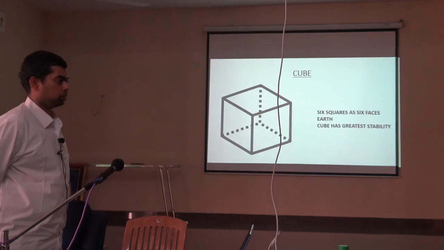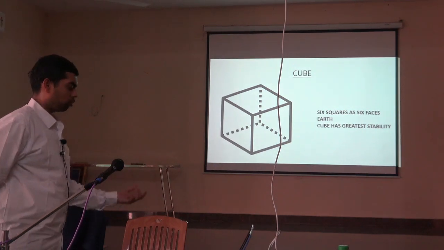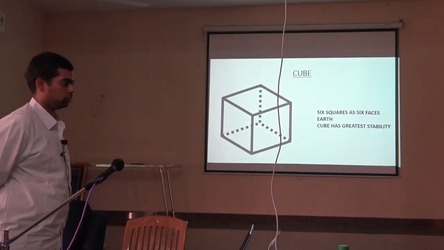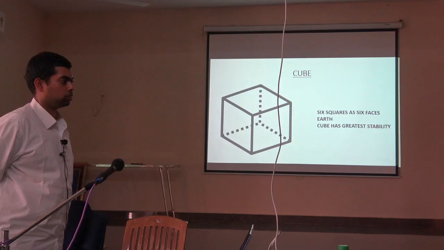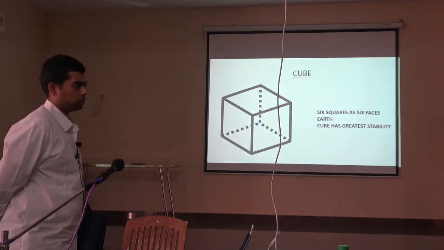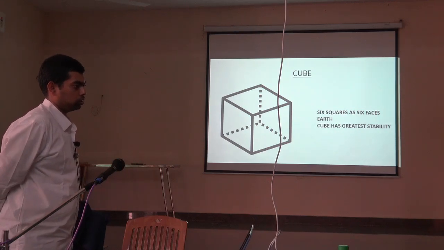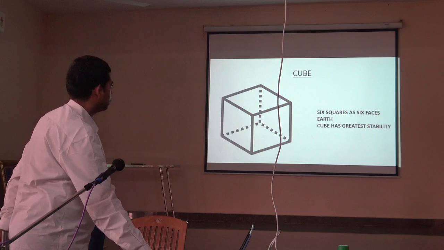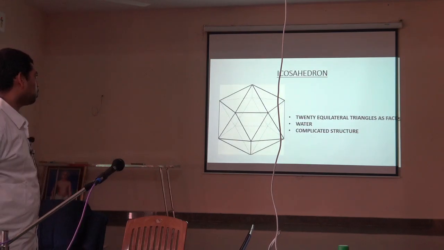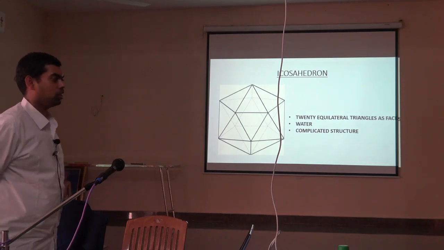So the most stable thing is the physical form, what we feel as earthy. So he represented the cube with earth. And this is the most complicated.